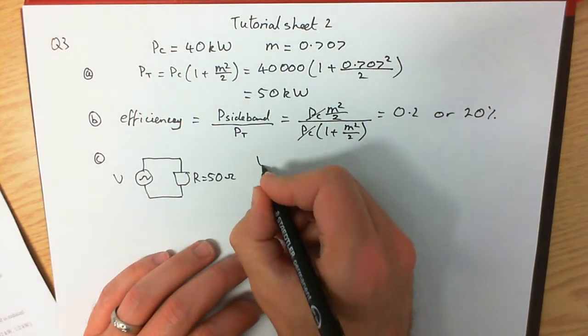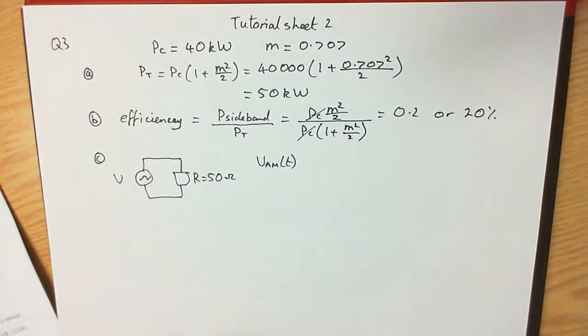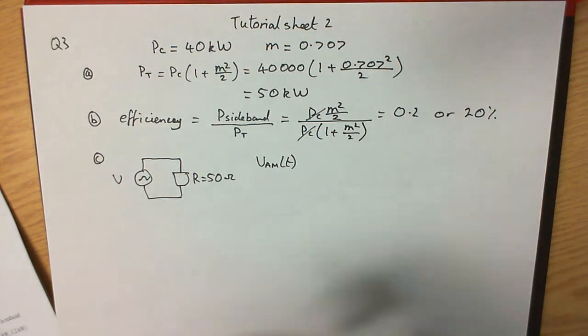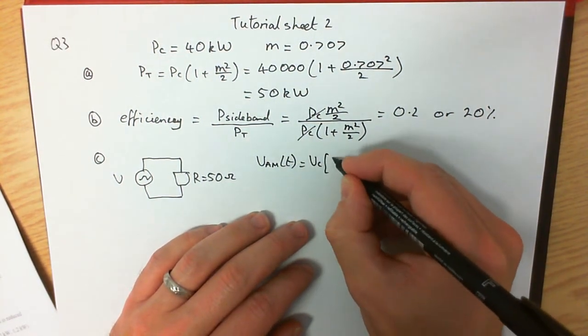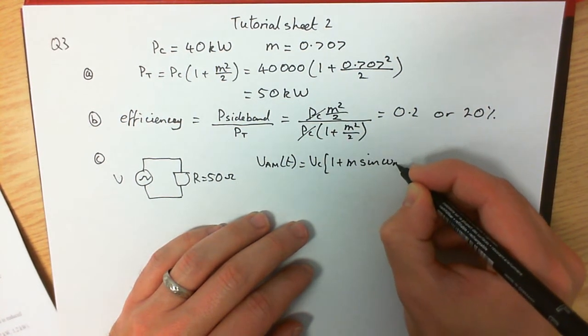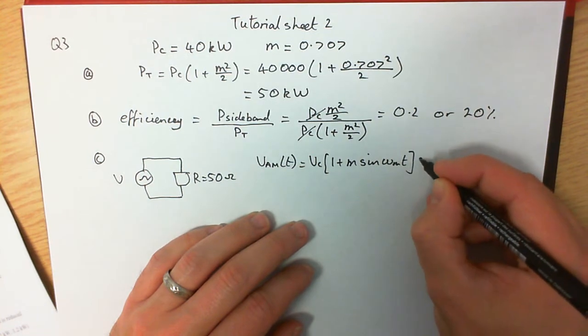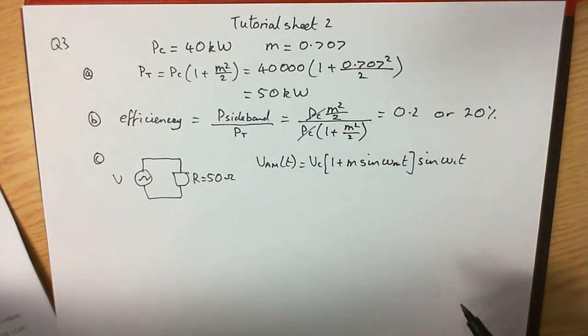So if we go back and look at the standard form of our AM equation, what we get is VC (1 plus m sine omega m of t) sine omega c of t. So that's our standard form.